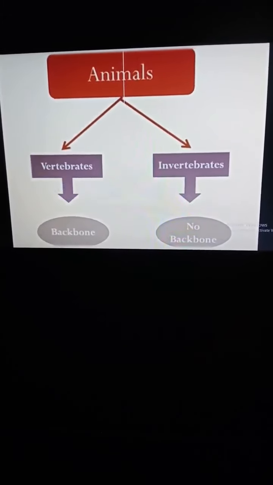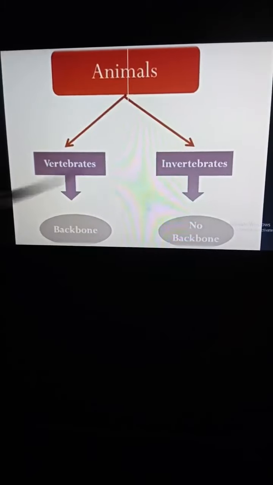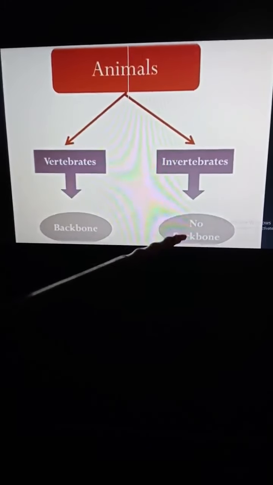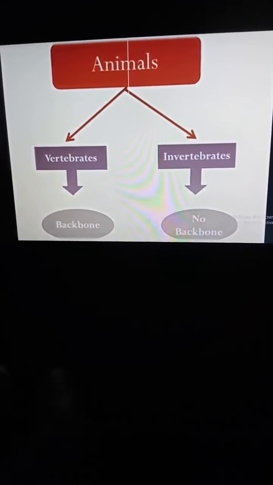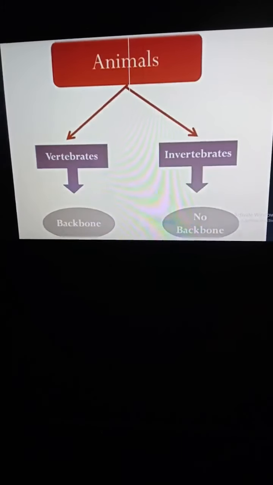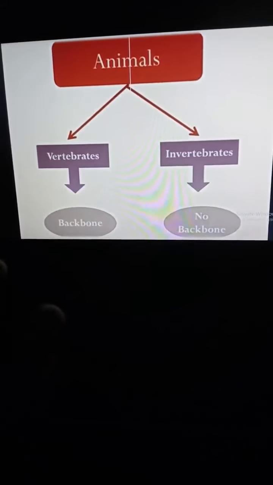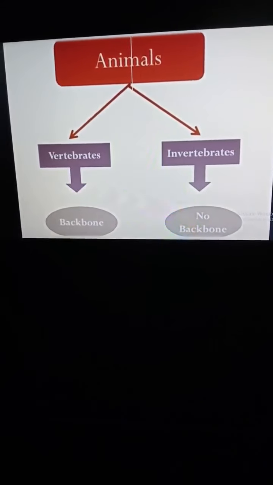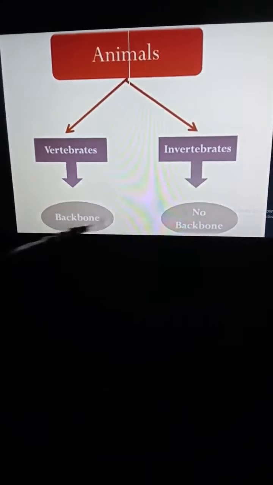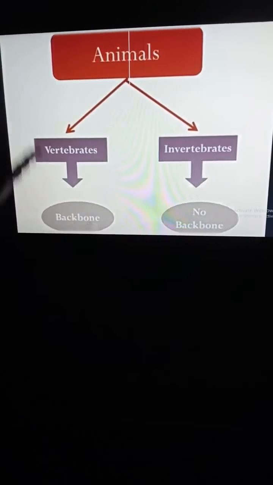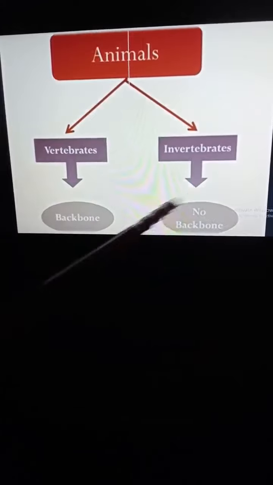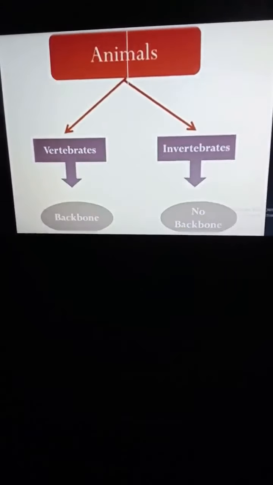And invertebrates are the animals which do not have an internal skeleton as well as no backbone. Backbone, vertebral column, spinal cord, spine, these are all the same words. But for your convenience, remember one easy word, backbone. So the animals which have a backbone are vertebrates and the animals which do not have a backbone are invertebrates.